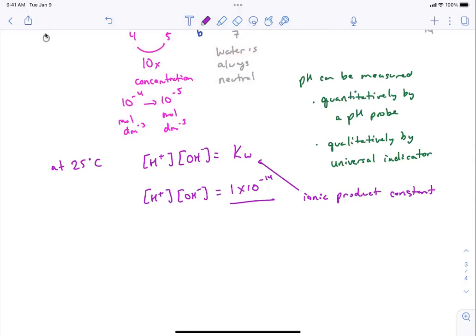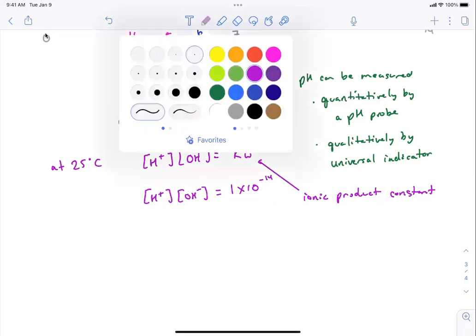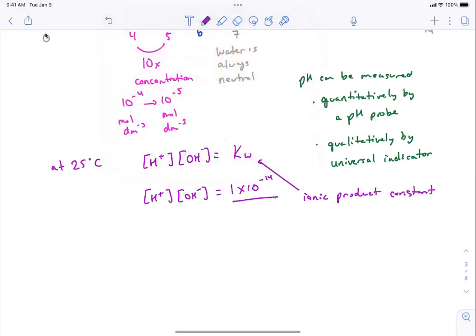What I think you were thinking about is I also showed that if I take the negative log of both sides of this equation, then I get a formula that you might be familiar with from 10th or 11th grade, where negative log of H plus is represented as pH. And when you multiply things in logs, what are you actually doing?